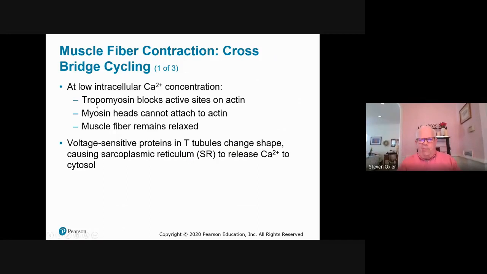So tropomyosin and troponin are blocked, and you can't contract. So the muscle remains relaxed. So in the presence of low calcium, your muscles will all be relaxed. They cannot contract.